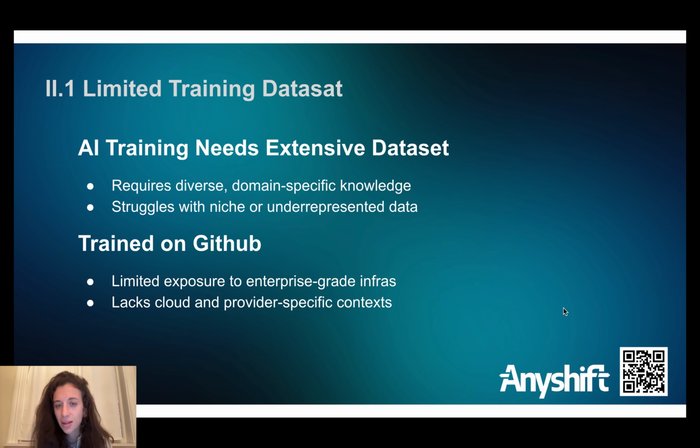The entire internet, basically, for the latest models. Those datasets need to be very diverse for those models to understand commonalities between different domains.